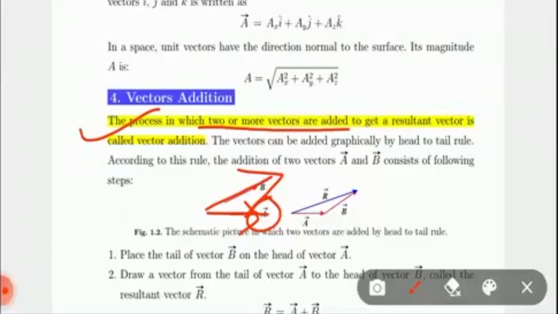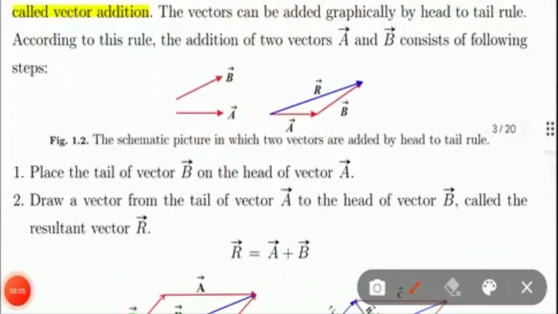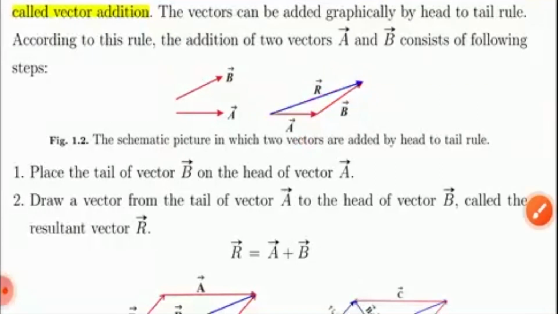Here, the first step is to place the tail of vector B on the head of vector A. In the next diagram, you will see over here that here is the vector A, and we place the tail of vector B along with the head of vector A, and now join the tail of vector A with the head of vector B. And this blue color vector represents the resultant of the sum of the two vectors.